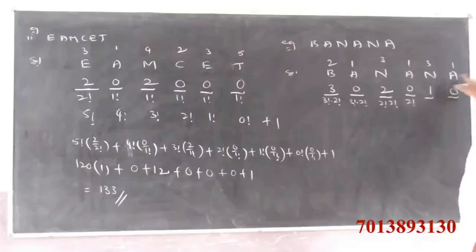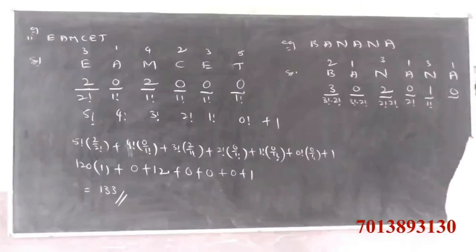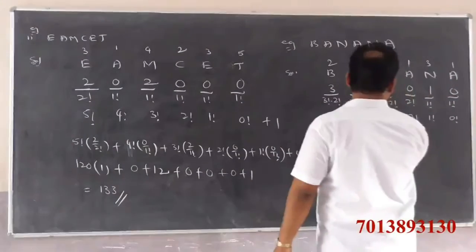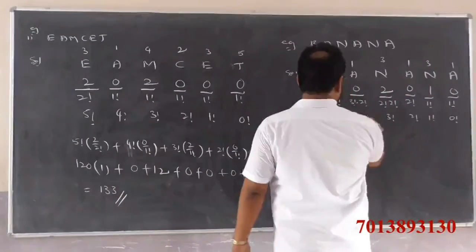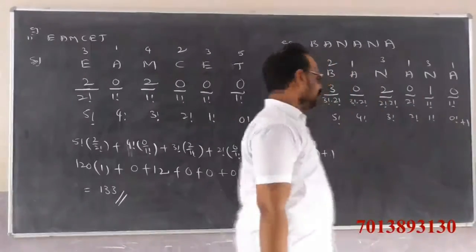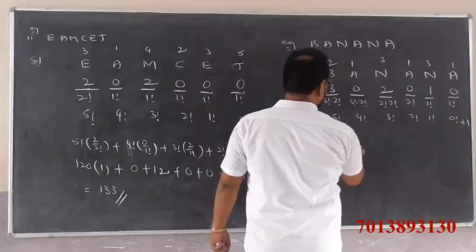Including N, how many of them repeated? Nothing is repeated, 1 factorial. Including A, how many of them, clearly 1. So right here, this is 0 factorial, 1 factorial, 2 factorial, 3 factorial, 4 factorial, 5 factorial, plus 1. Plus 1.